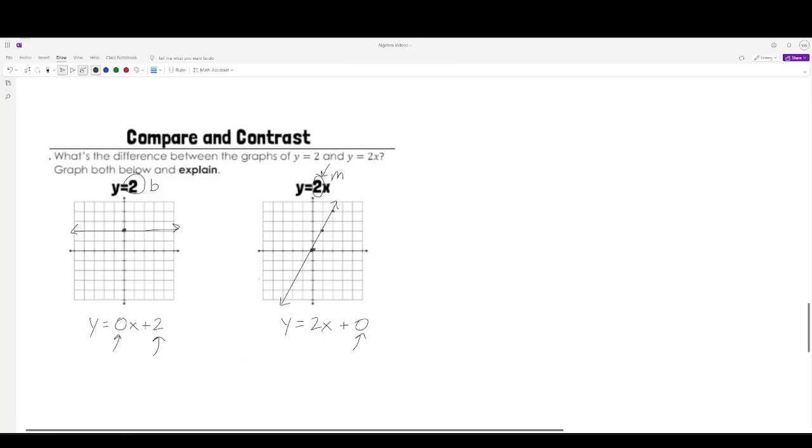Also remember that a vertical line will never be in slope-intercept form. So we can't have y equals something for a vertical line. That's why they're weird. They don't fit slope-intercept, and they have to be always in the form of x equals something. Okay, so that's our notes for today, and we'll move on to the next one.